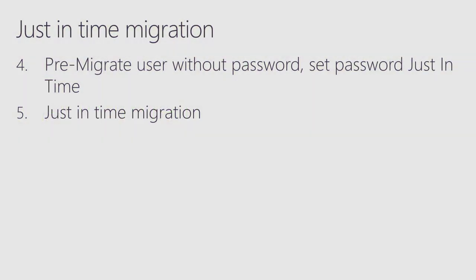The first one, number 4, pre-migrates the user without a password and sets the password just in time. The 5th one is just-in-time migration, where we create the user just in time.